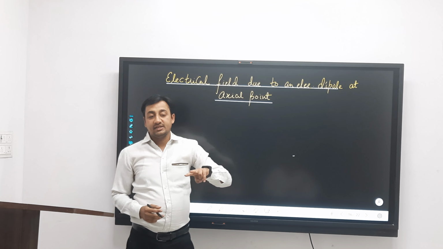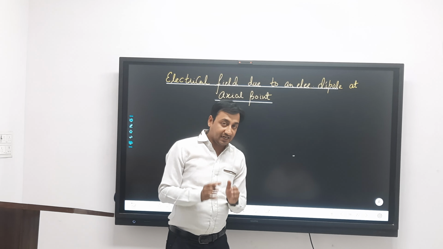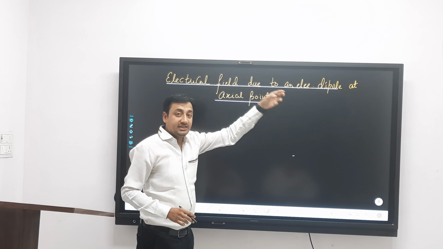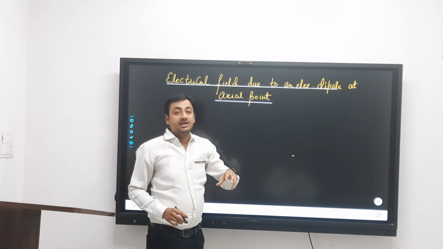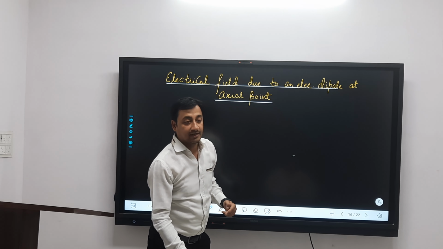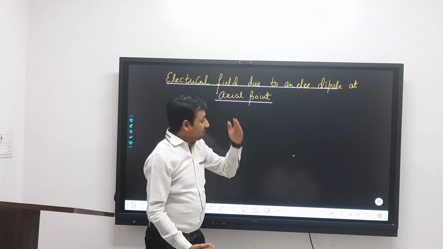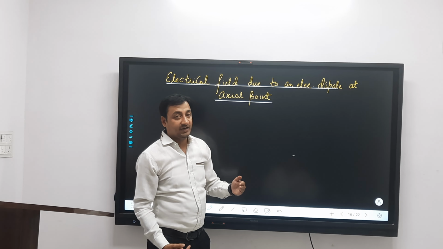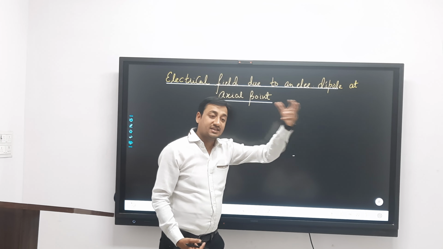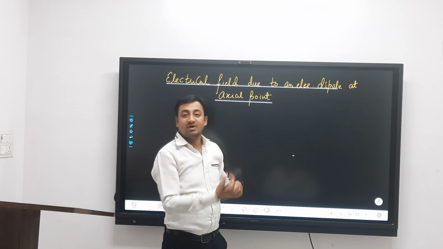The second is the electrical field that we calculate for the dipole at an equatorial point, on the perpendicular bisector. We can say the first time we calculate the electrical field for an x-axis point, and the second for a y-axis point.